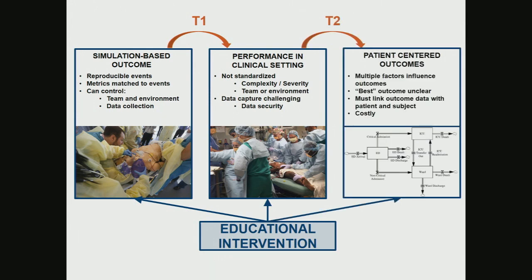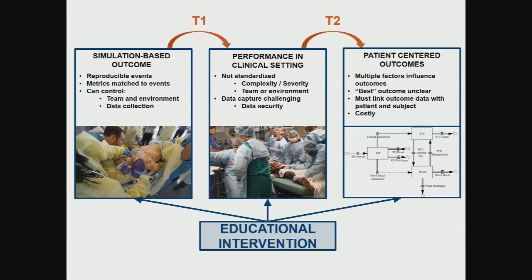The T2 challenge then takes that variability up a notch and says, okay, now we want to look at patient outcomes. Oh my gosh, what does that look like? Because now multiple different teams have taken care of the patient. We've had an ED encounter, and we want to understand mortality. At the end of all that, what is that going to look like?